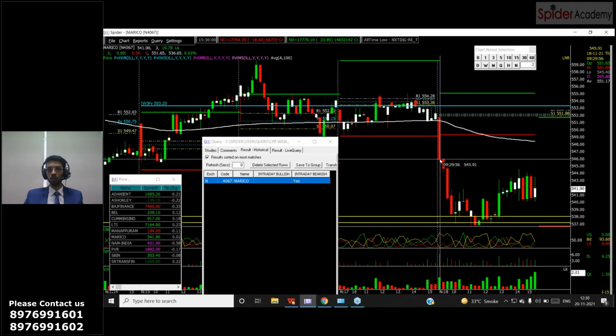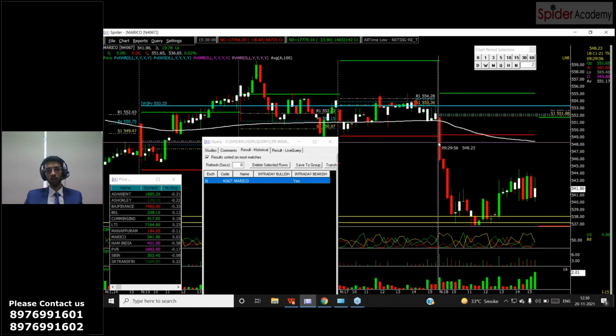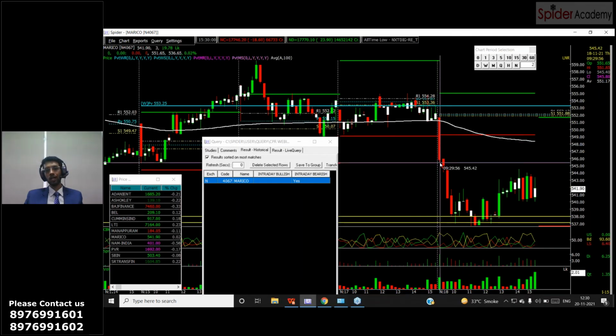When I calculate with stocks, I always prefer a stop loss near 1%. So I'll take entry at this level, 545.40, and keep a stop loss of 5 rupees, or maybe 5.5, so that whenever you enter, you can take the entry and take profit of whatever 5 or 6 rupees, according to your risk reward.